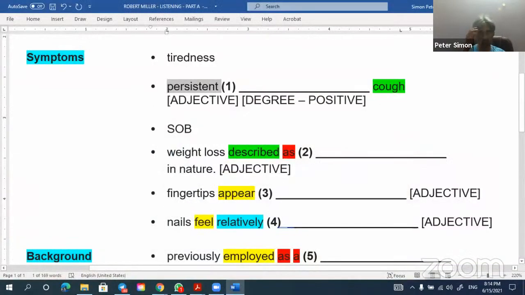Then why don't you use this word persistent cough? Wherever something is going on for a long time and it is very difficult to get rid of, you can use the word persistent. Make it your active vocabulary. It is only passive. You're only listening or only reading and again you forget it and you don't actively use it.